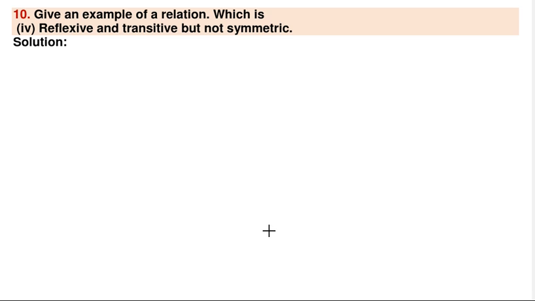And the same question 10, subdivision 4, we have to show that it is reflexive and transitive, but not symmetric. With the help of the example, R in set builder form with the representative element (a,b), such that a square is greater than or equal to b square.